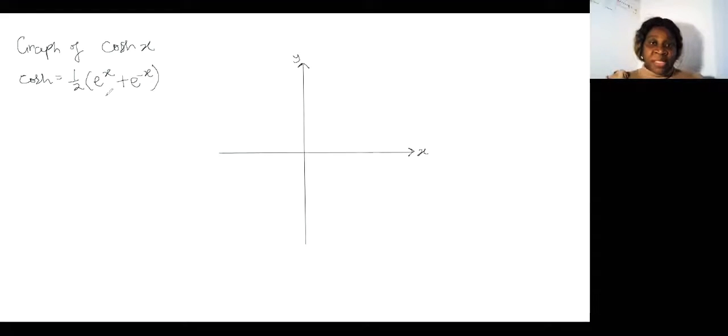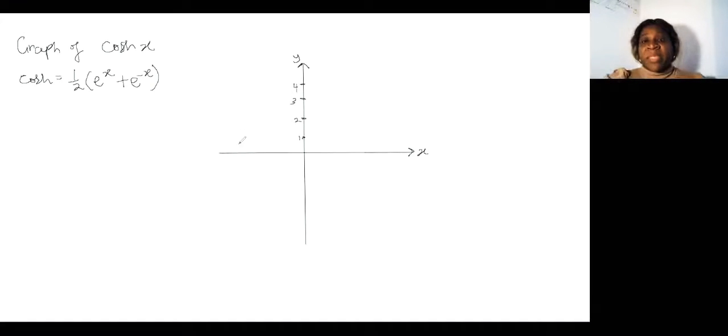The first thing that you want to do is to try and sketch e to the power of x. I'm just going to use a blue line to show you that one. This is 1, 2, 3, and 4.